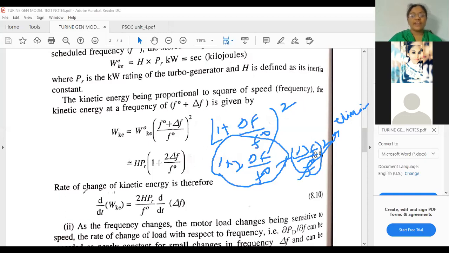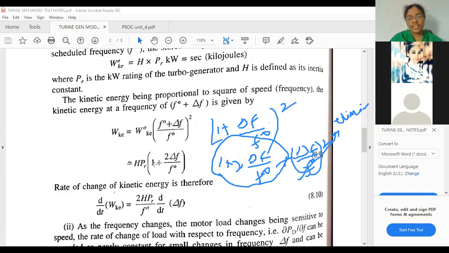So rate of change of kinetic energy, we are taking into consideration here, is 2 H P R by F naught d by dt of delta F. See here, we are taking the derivative with respect to time.